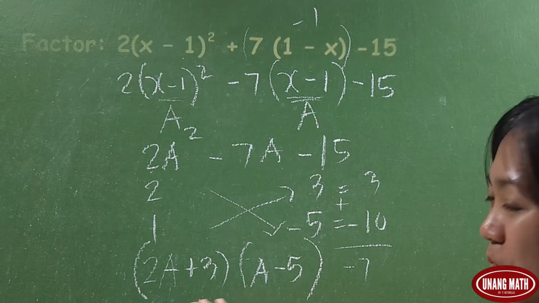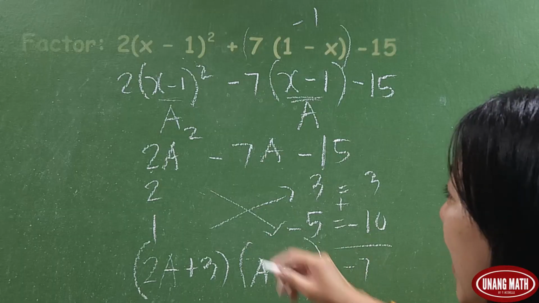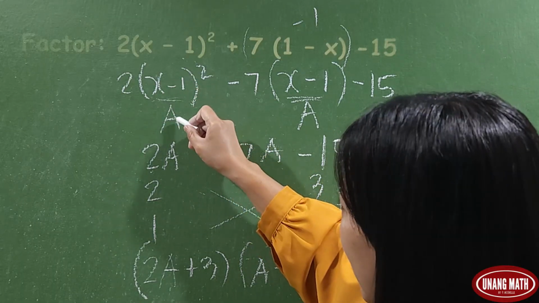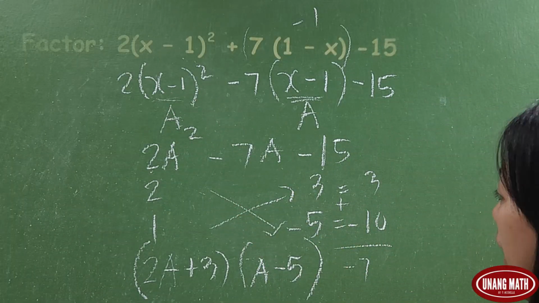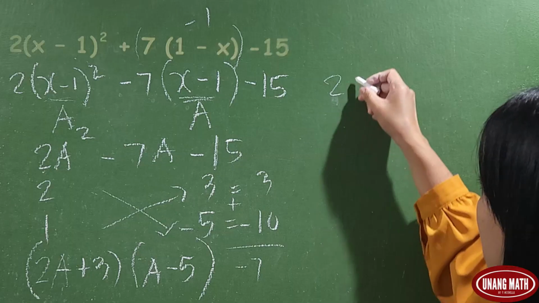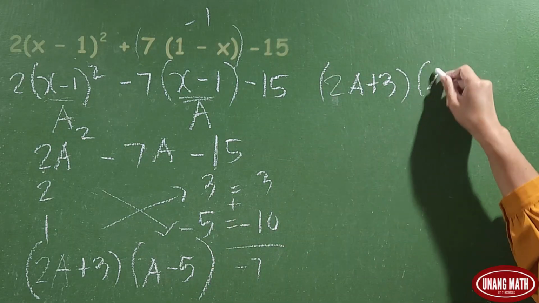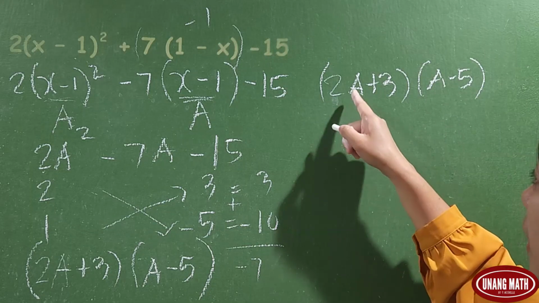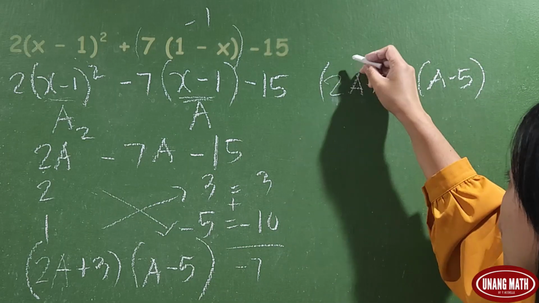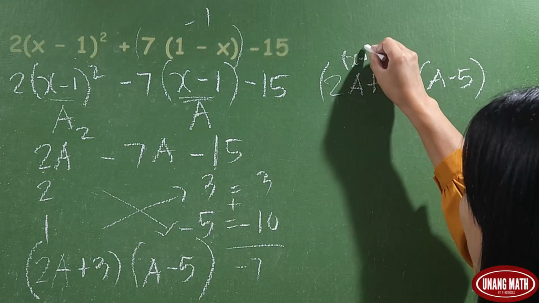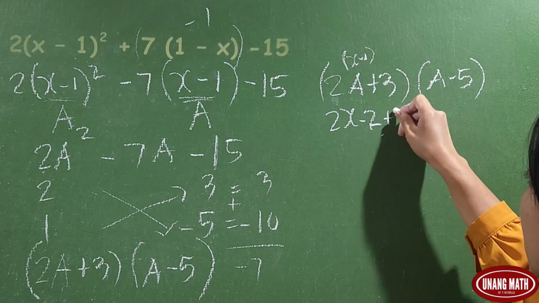Okay, now, this is not yet the answer that we're looking for because we still need to substitute back. Take note, a here is x minus 1. So in 2a plus 3, a is x minus 1, so 2 times x minus 1 is 2x minus 2 plus 3.